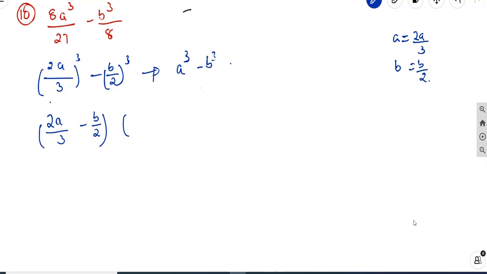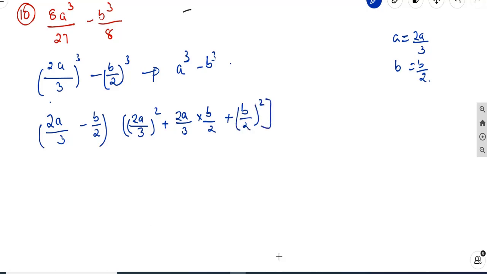So this becomes 2a divided by 3 whole square, minus, not minus, it is plus, 2a by 3 into b by 2 plus b by 2 whole square.